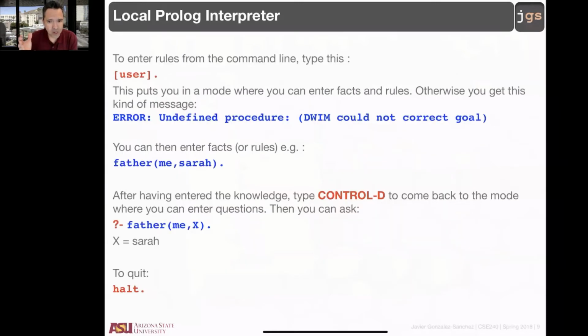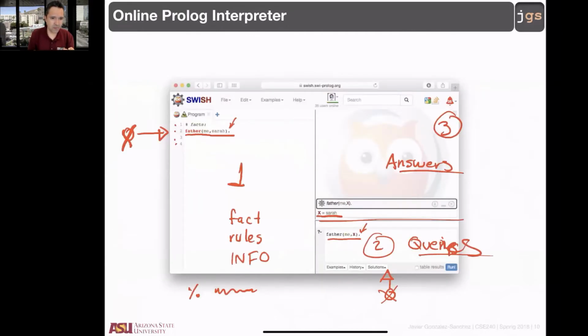If you use the online graphical user interface, fine. If you want to have something on your local computer, usually the local versions are going to be like the following. You're going to open a console, and it is the same console, but you need to change from providing data to asking questions.